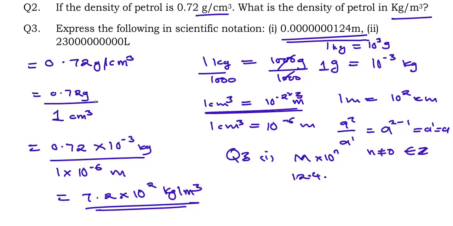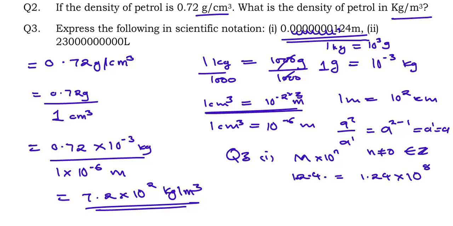So we are going to put the decimal here. So we are going to have 1.24, then multiplied by 10. What we are going to do next now is to count the decimal places up to this point where we have put the decimal. So I have 1, 2, 3, 4, 5, 6, 7, 8. We multiply by 10 to the power 8.